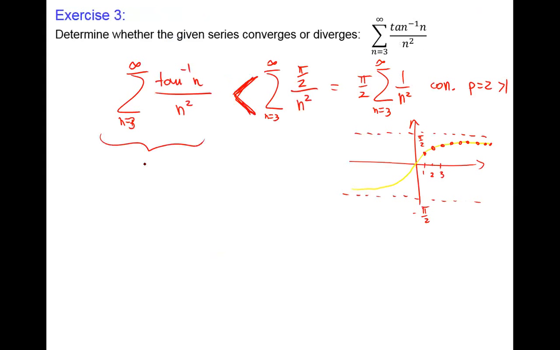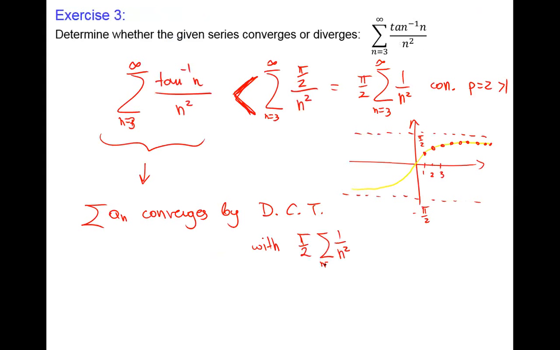Let's write the final statement: my original series A sub n converges by direct comparison test with pi over 2 times 1 over n squared. It's really important to state what we're comparing with.